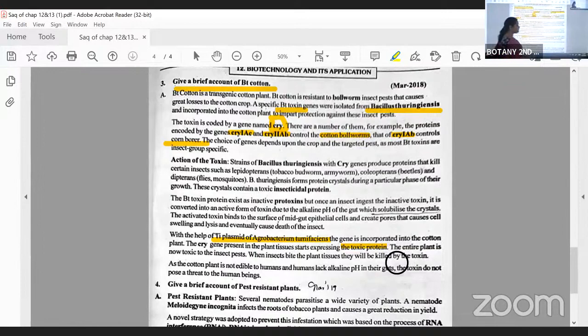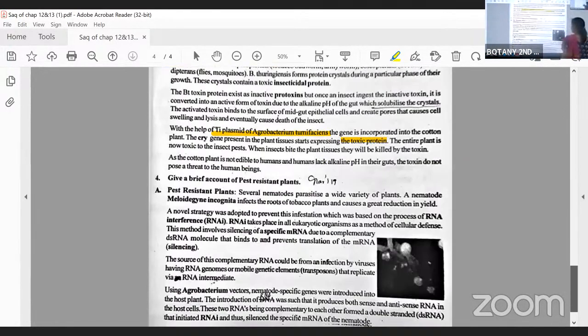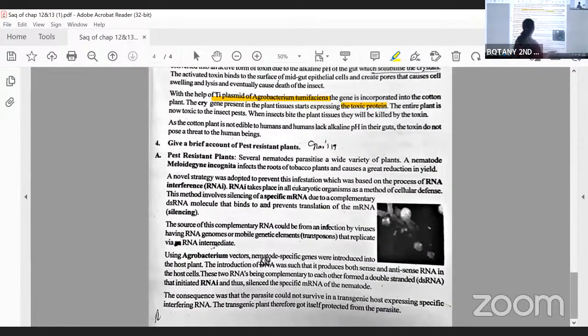And the next one is: give a brief account of pest resistant plants. In this, what we have to write is that these pests are several nematodes, that is, parasites, the nematodes which cause infections in tobacco plants.